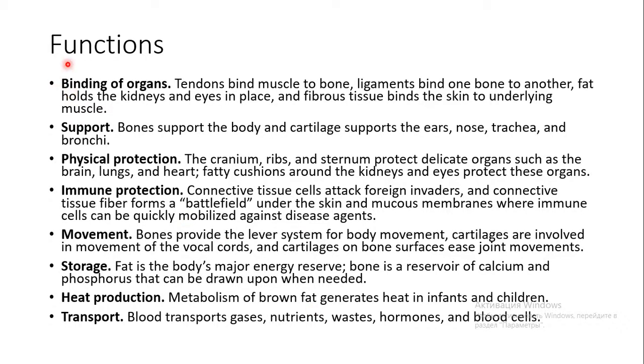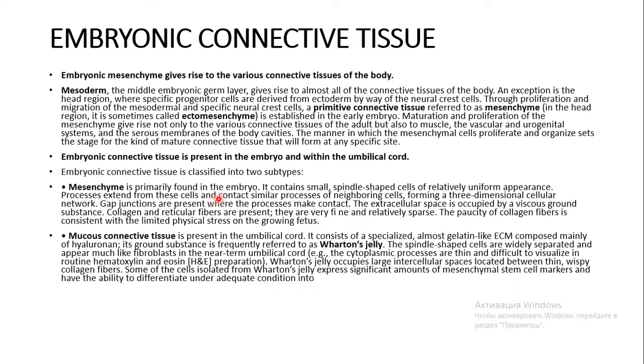General functions: binding of organs, support, physical protection, immune protection, movement, storage, heat production, and transport. It's a general explanation of all connective tissue functions. It includes blood, bones, cartilage, loose and dense connective tissue. But in today's class we will concentrate more on loose and dense connective tissues. What they are, we'll discuss in the rest of our explanation today.